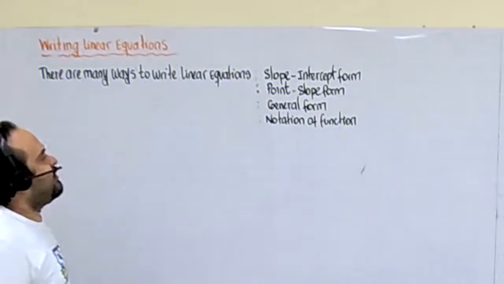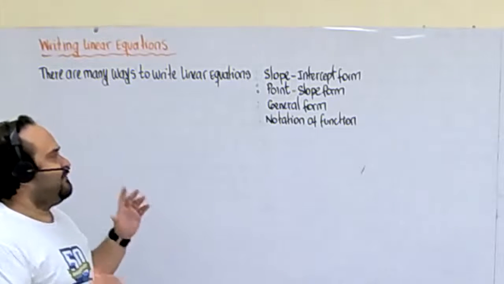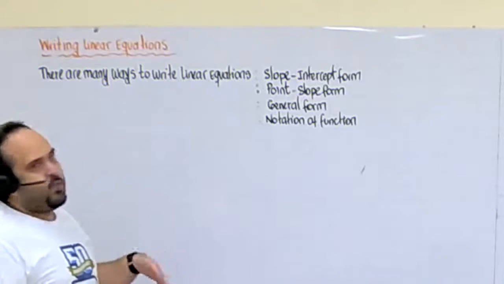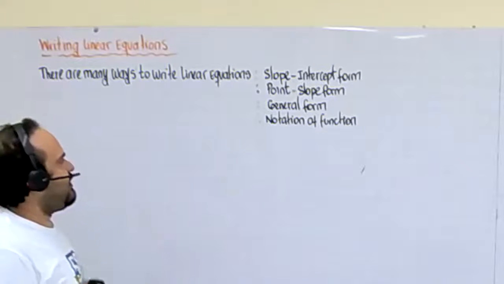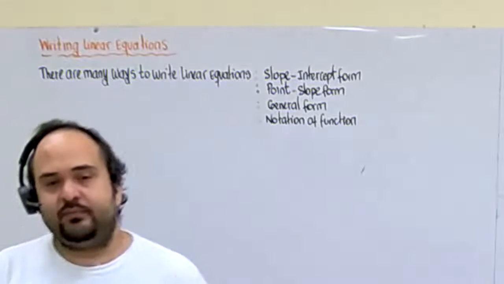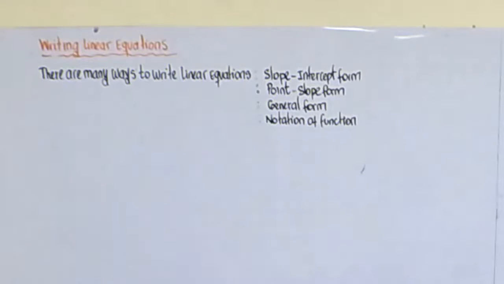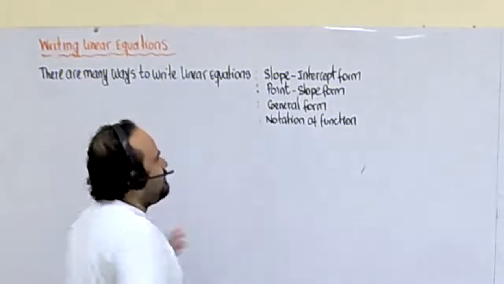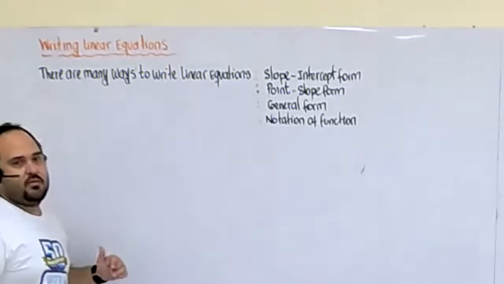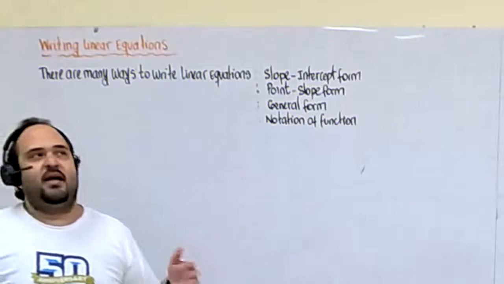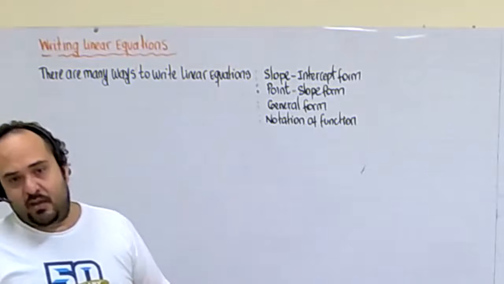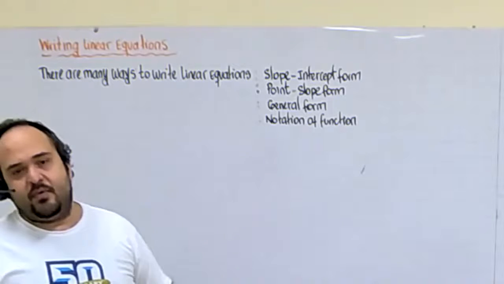Actually, you saw that already, but the difference is you didn't know the name of that form of the equation. For example, I want to explain a little bit. Do you remember every time we have an equation and we solve for y, right? If you have an equation like, for example, y equals 2x plus 3. That's an example, right?